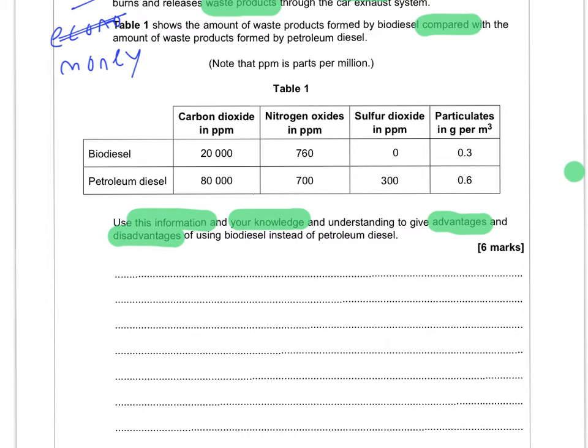I would probably be thinking a few things. Okay, so I'm going to use pollutant information from the table. Okay, so that's going to come from the table. I'm going to use information about renewable or non-renewable, and that's going to be from my own knowledge.